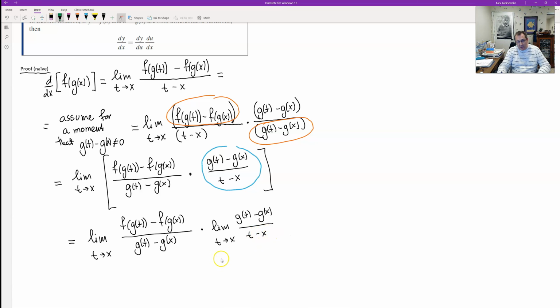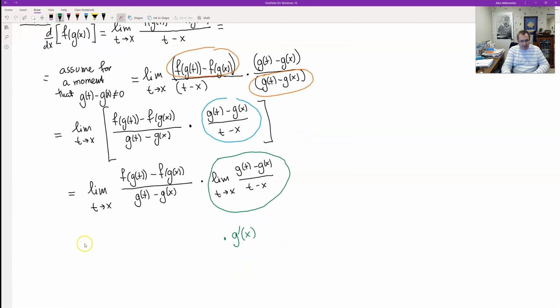Notice that the second term here looks very familiar. What is it? Well, it is exactly the definition of the derivative of function g at point x. Well, very interesting. Looks like we've got a portion of the chain rule completed. Now, however, what do we do with the front expression, the first term?